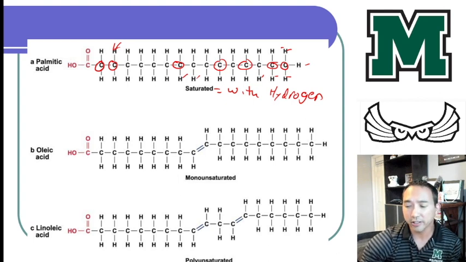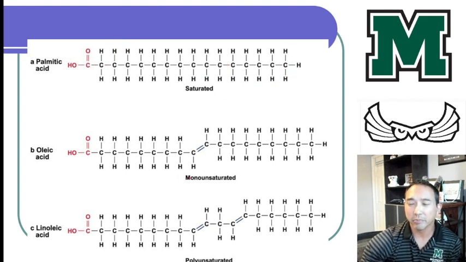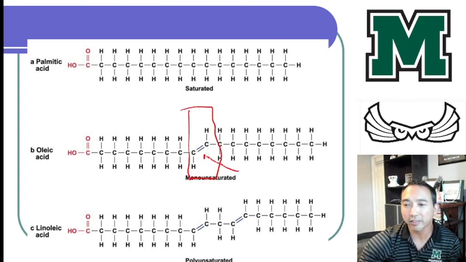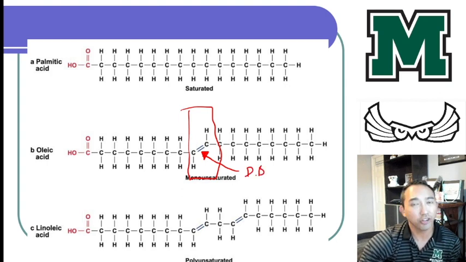Unsaturated is different because, let me scribble out this mono so you don't focus on that. I'm going to make a big circle because I need to write in here. There is a double bond here. I'm going to put DB for double bond. That double bond changes the amount of valence electrons needed. And we have this space here.